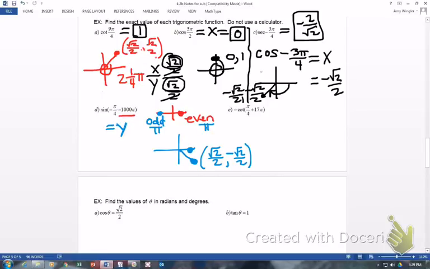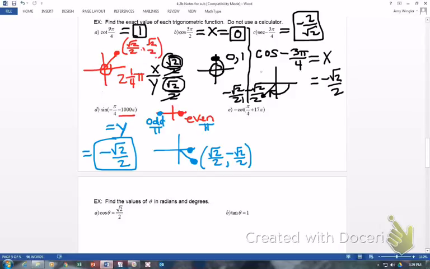So the y value of that point is negative radical 2 over 2. And that's your answer. So a lot of this is just getting used to certain spots on the unit circle and memorizing the points that go with those spots and being able to find the x value, the y value, or the y over x value.